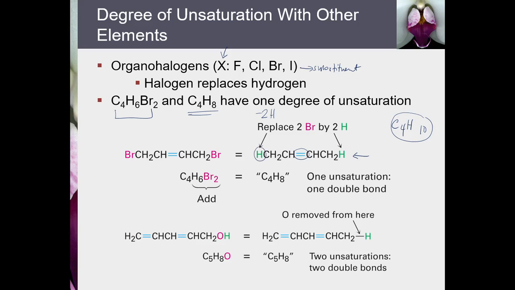Kaya yung ating formula dito, from 8 naging 6 hydrogens, and then yung meron kang dalawang Br sa magkabilang dulo. So if you simply add the number of hydrogens and the halogen, you will end up with 8. So itong C4H6Br2 is just equivalent to C4H8.